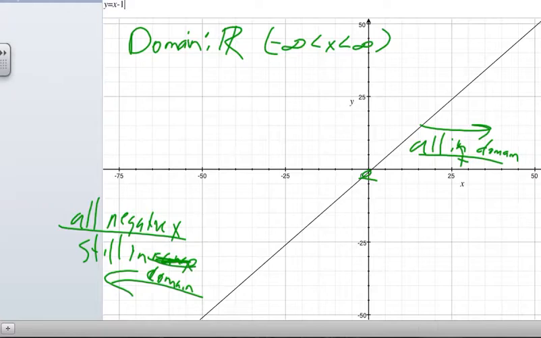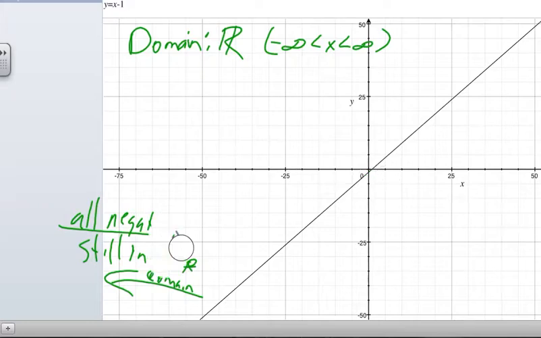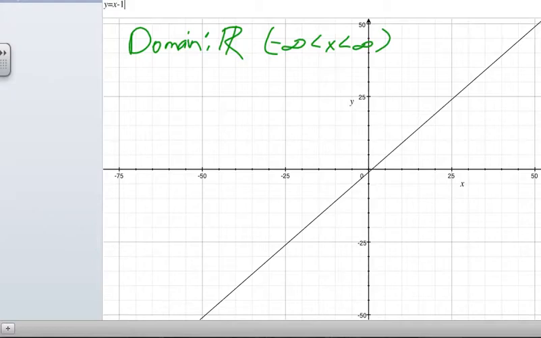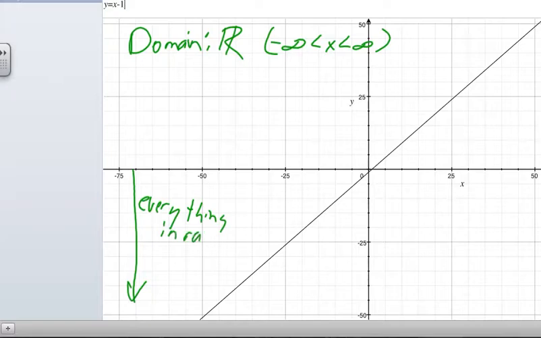Okay, so now let's back off. We're done with the x. And let's take a look at our y values. Same idea here, only I'm looking at y. So I'm going to start down below. Again, the same idea. No matter where I go and how big my y values get down here, everything is in the range.